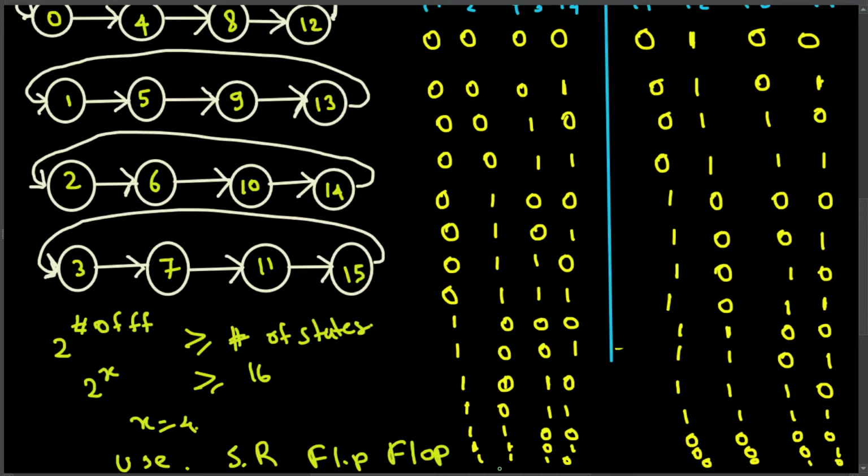And when it's 15, the next state is 3. I'm going to put it in the middle because I don't have any space below. We are going to actually rewrite this in a better way in a table. 15 is 1 1 1 1, 3 is 0 0 1 1.